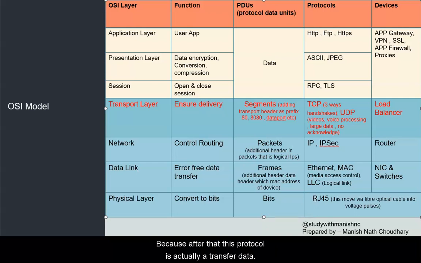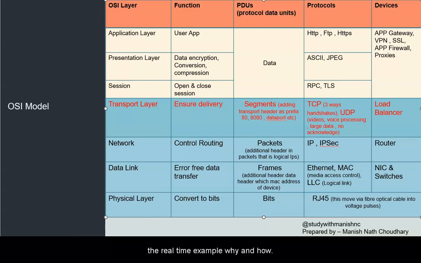After that, the data is transferred over an optical fiber line from one location to another location, and again at the other location, all these seven layers are available, which convert the binary into frames, packets, and segments, and then convert it into a more meaningful form. So these seven layers are needed for every process of the data.